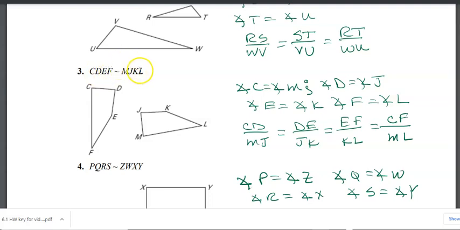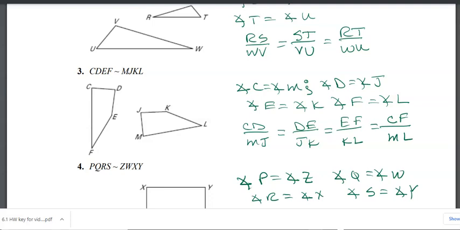Fourth angle equals fourth angle. We're going to have four sets of fractions here. So the first two letters over the first two letters of the second shape. The second two letters, D and E, over J and K. The third letters, EF over KL, and first and last over first and last.